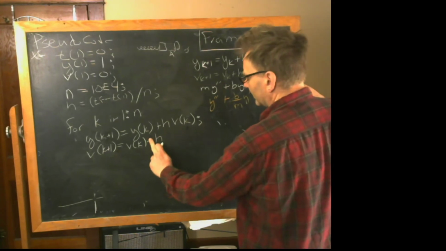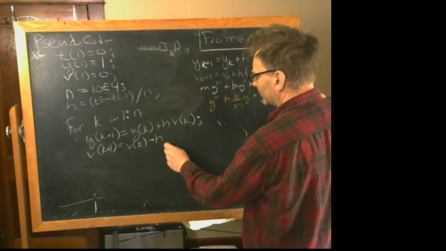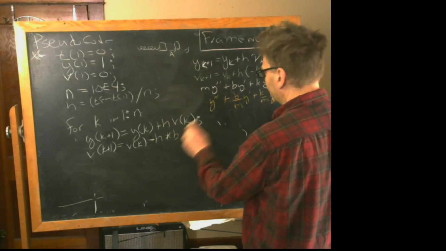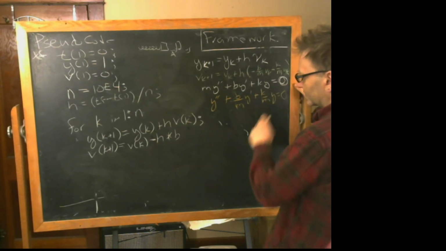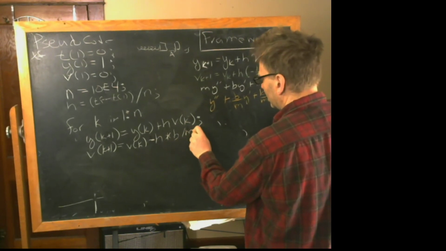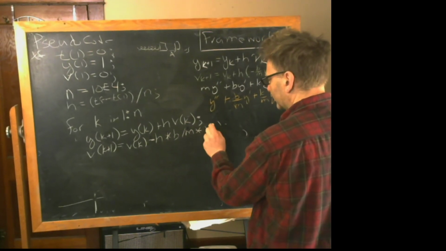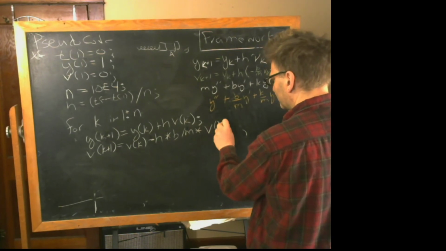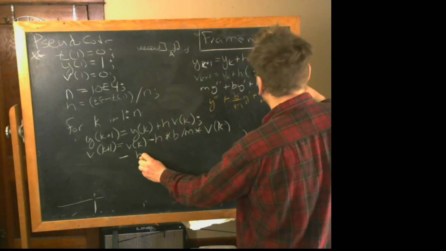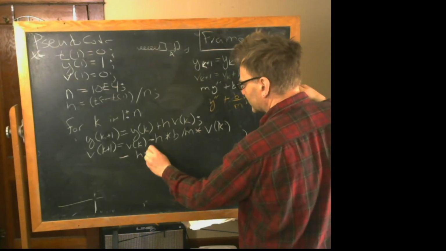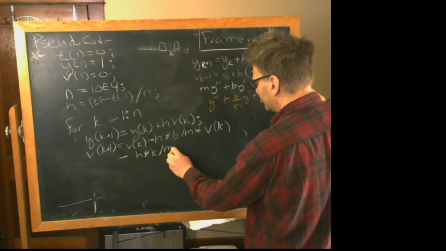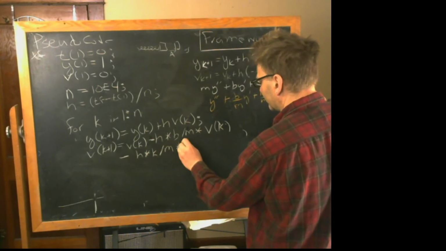So I think I'm going to distribute the h through, so h times b, and I brought the negative sign through, so I'm just distributing the math through, divided by m times whatever my current velocity is, minus h times k divided by m times whatever my current position is.